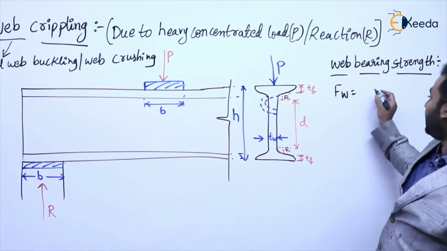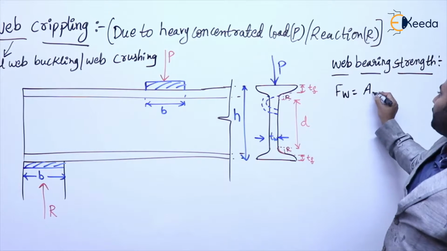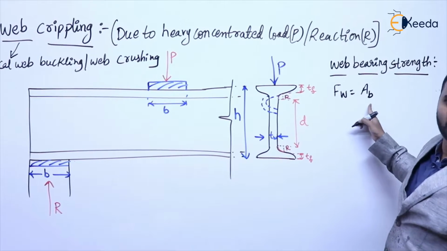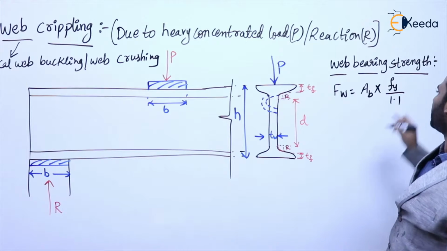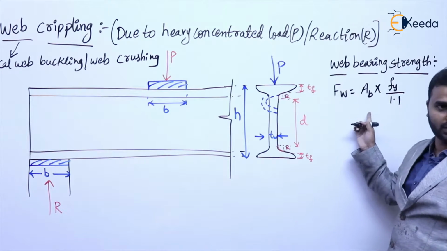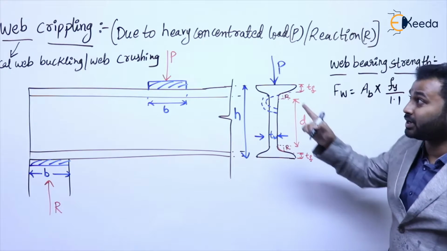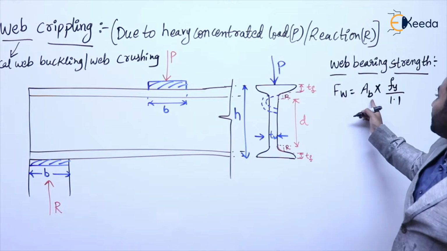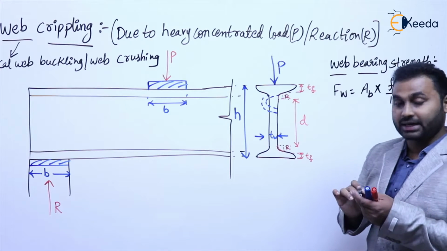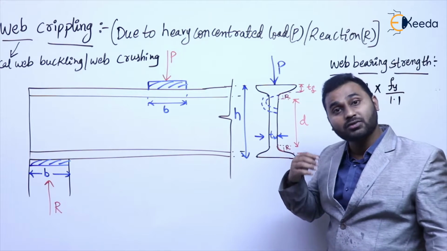It is nothing but the area of the web in bearing, Ab or Ae, whatever it may be, into design stress, which is fy by 1.1. So this is the web bearing strength, or strength of the web in web crippling or web local buckling. Clear, everyone?